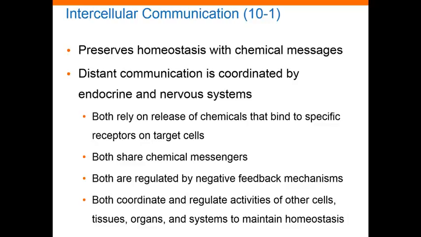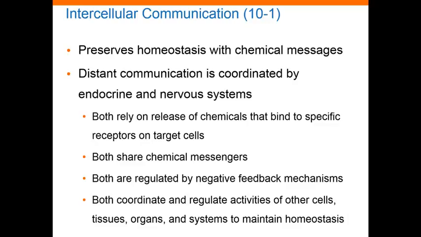Viewed broadly, the organizational and functional differences between the nervous and endocrine systems seem relatively clear, and that's why we treat them as different systems and why they have their own chapters in this book. Yet the two systems have very many similarities. Both rely on the release of chemicals that bind to specific receptors on target cells. Both share chemical messengers.